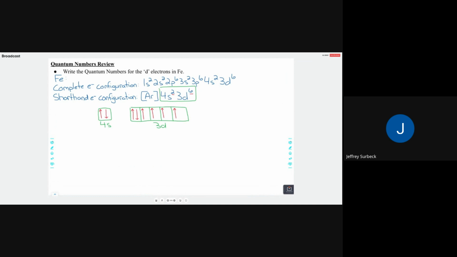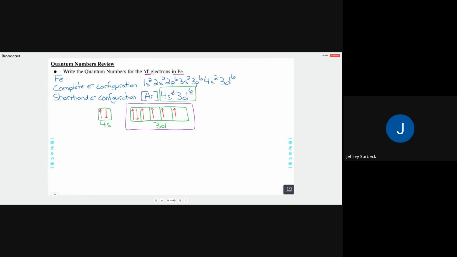Now, back to this original question. We want to take a look at just the d electrons in iron. So I'm going to box our orbital box diagram in purple here, and we're going to look at our quantum numbers just for this d section.